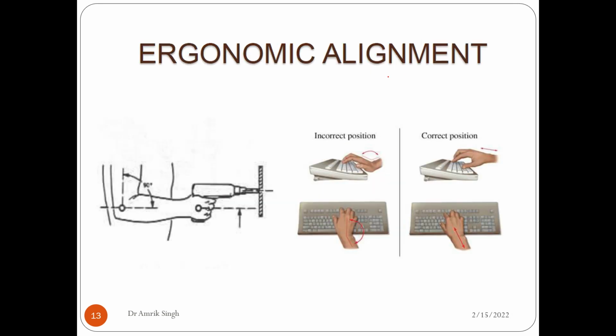Now the alignment problems. You see the alignment problems here. If this is perfectly at 90 degrees and it is being drilled like this, the incorrect position is this, and the correct position is this.